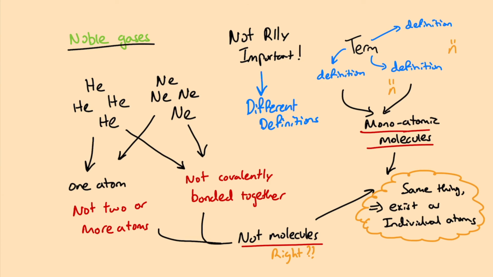However, as I said, different definitions can bring the point that it can be broken down into the smallest identifiable unit, and therefore that definition might consider it as a monoatomic molecule. However, this is not very important to know about.